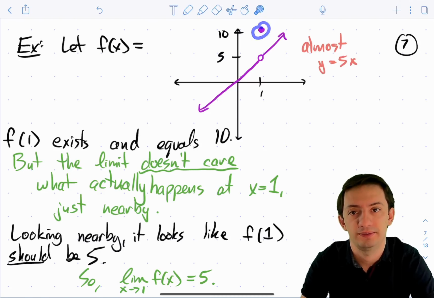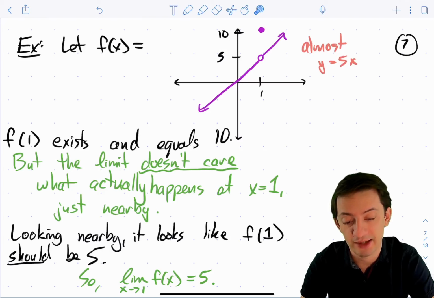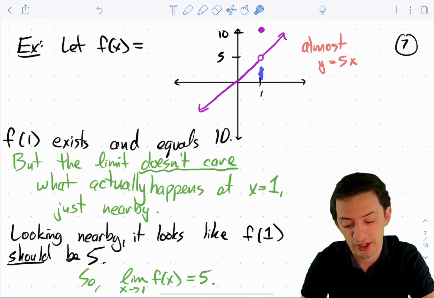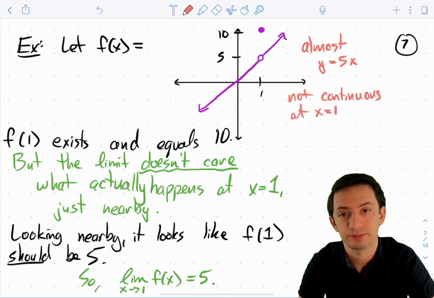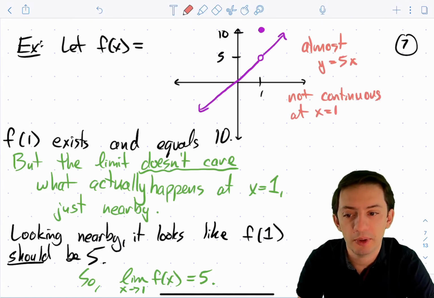It equals 10. So this is a weird kind of function, right? It exists everywhere. The domain is all real numbers because it has a y value everywhere. But at this one, it's obviously not continuous because it has a jump. So not continuous at x equals 1.